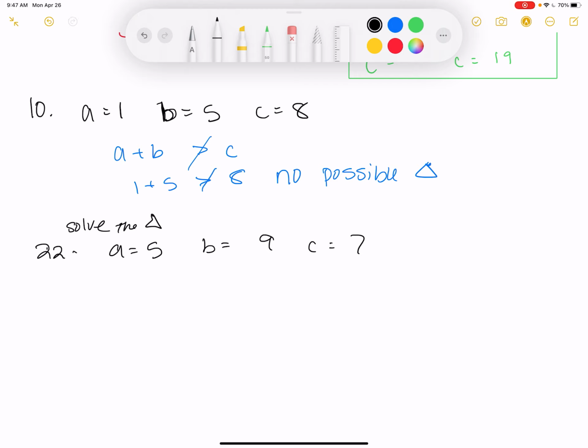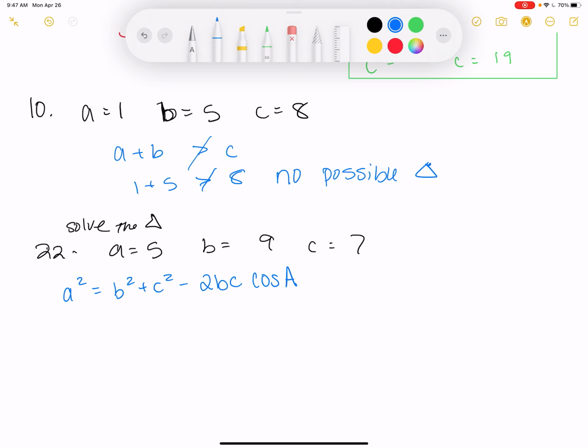A. All right, cool. A. All right, so I have A squared is equal to B squared plus C squared minus 2BC cosine A. And I need to get A, the angle, by itself.